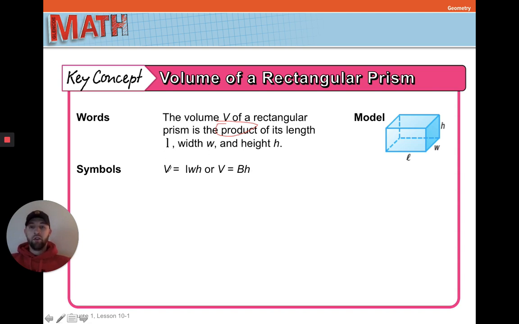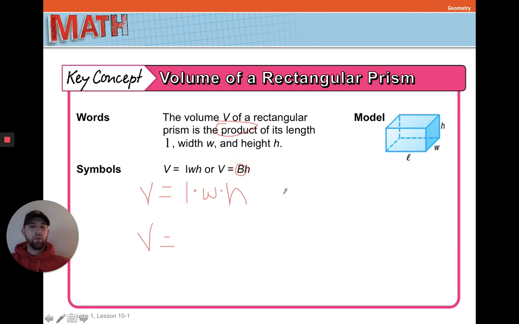Volume equals length times width times height, so it looks like this. Volume is equal to length times the width times the height.